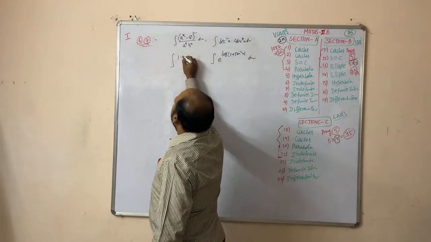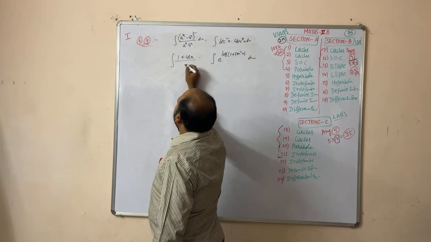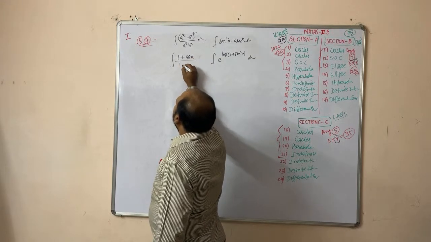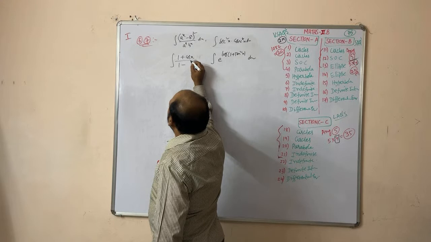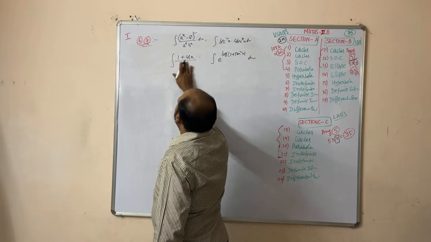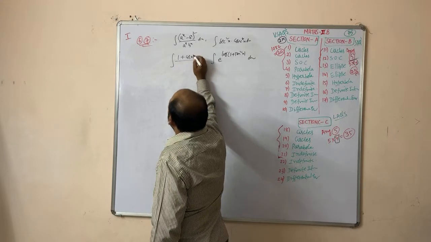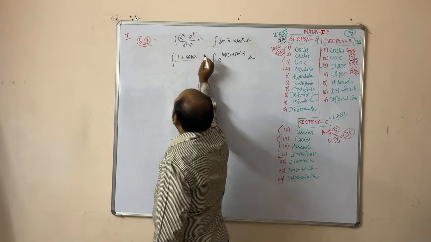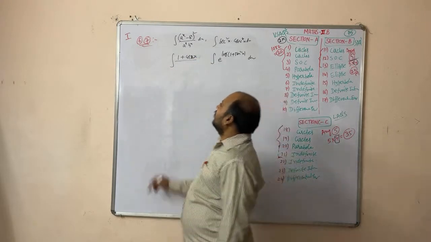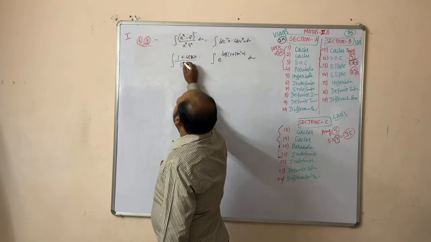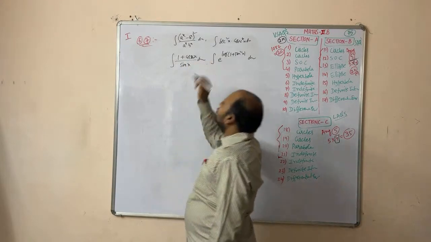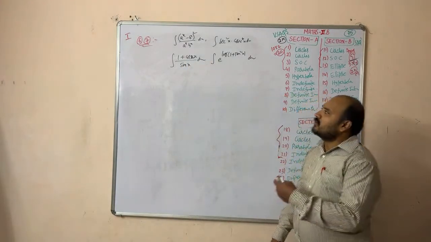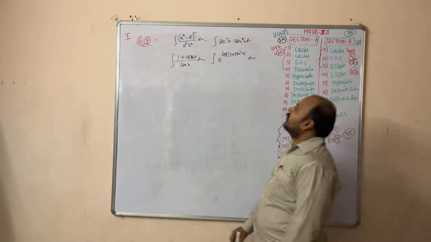Integral (1 plus cos x) divided by (1 minus cos x). Integral (1 plus cos 2x) divided by sin x dx. Based on this, you can do it.